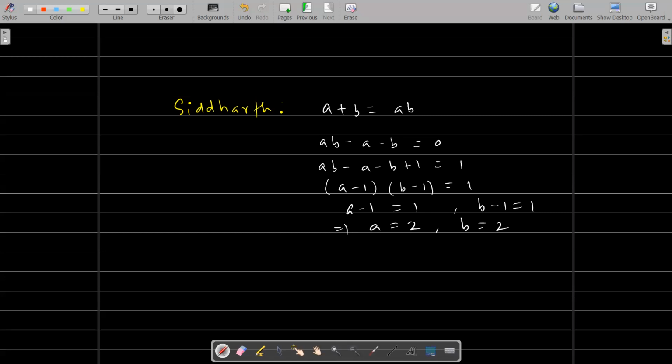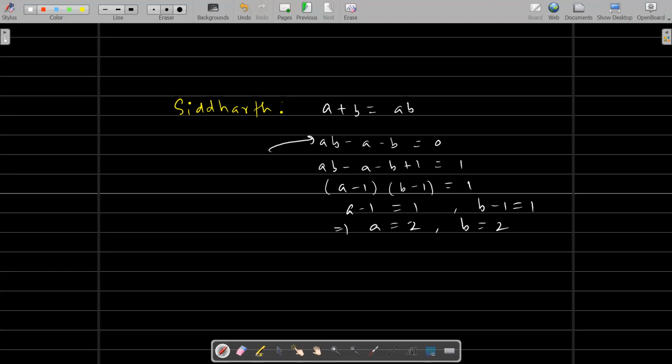Okay, but Siddharth, how would one get the idea to add 1 and factor it? The idea is this. You start from AB minus A minus B equals 0. Basically, you get A into (B minus 1) minus B equals 0.